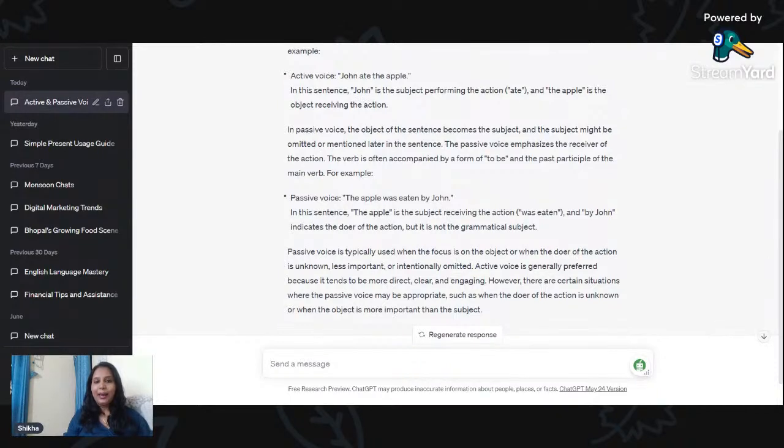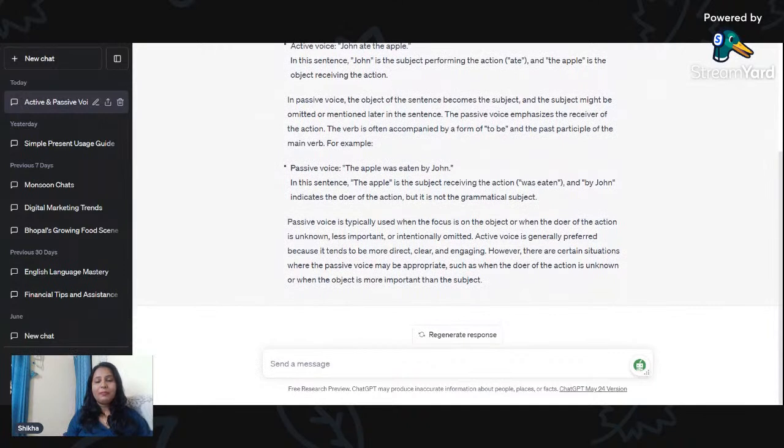Okay, so here we have got an example also. John ate the apple. And here you are getting an explanation also of why they have written it in this way. John is the subject here performing the action, and the verb is ate and the apple is the object, right? And what is passive voice?